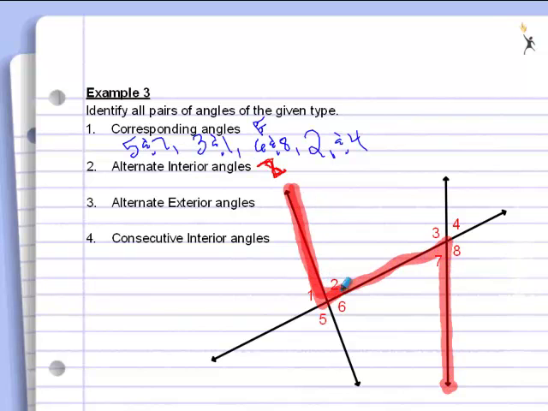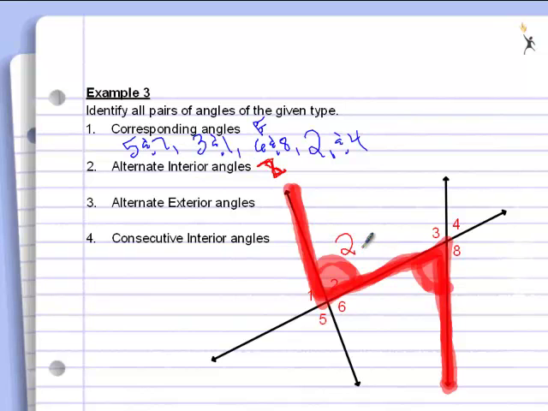You might be saying, well, that looks more like a lightning bolt. Whatever. Tilt your paper to the right. Twist your paper this way, clockwise, and you'll see that angle 2 and angle 7 are in the same position, projecting. Okay, they are on alternate sides of a transversal.